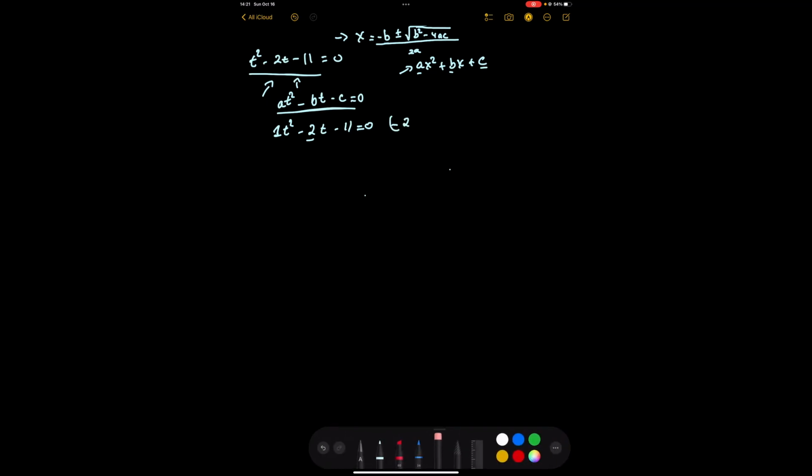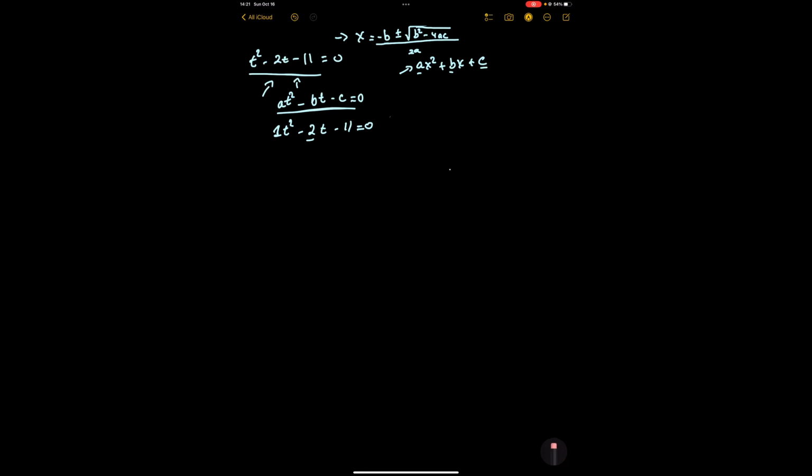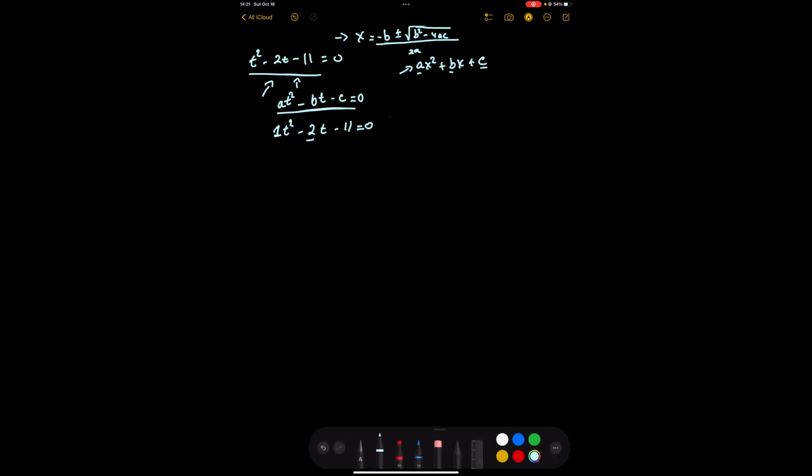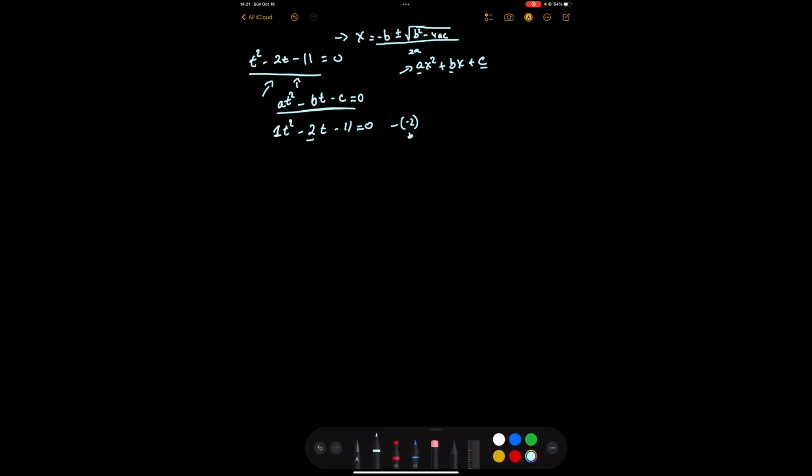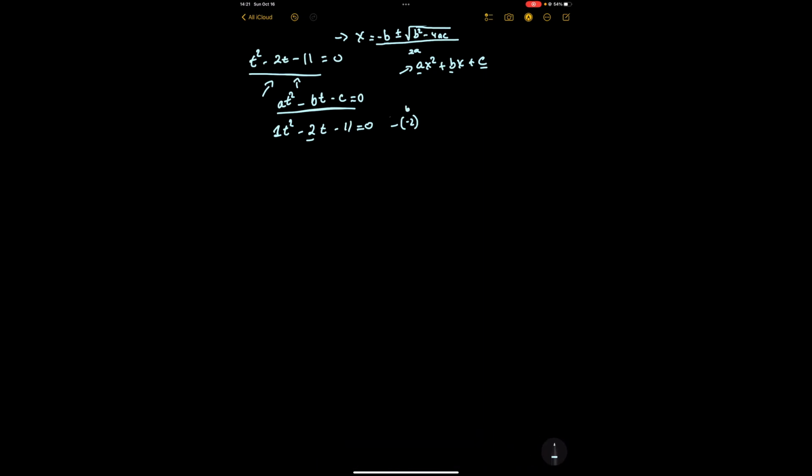So that would be negative b, plus or minus the square root of b squared, which is negative 2 squared, minus 4 times a.